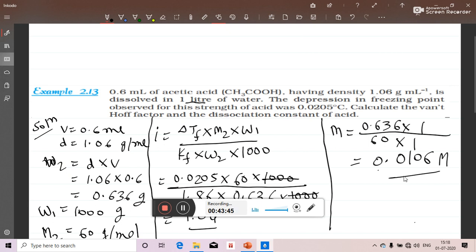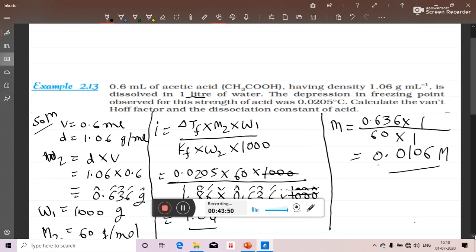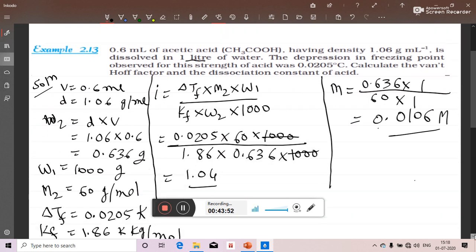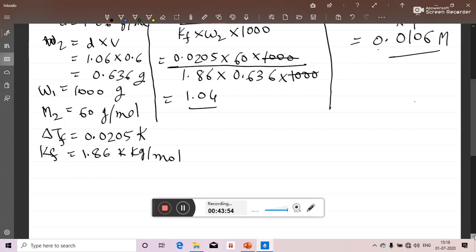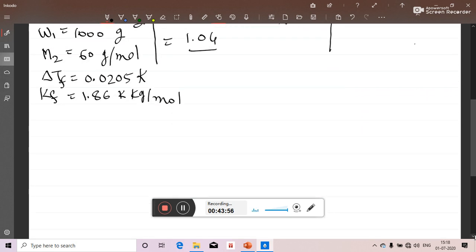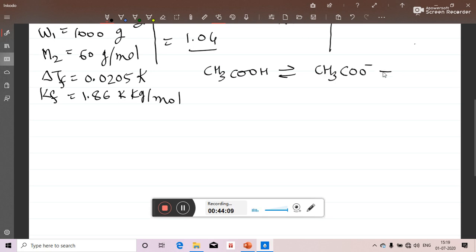Now if we talk about dissociation of acetic acid, acetic acid being a very weak acid undergoes partial dissociation to form acetate ion and H plus ion. Initial concentration of acetic acid will be equal to its molarity, so that can be taken as C. At that time the concentration of ions is 0.